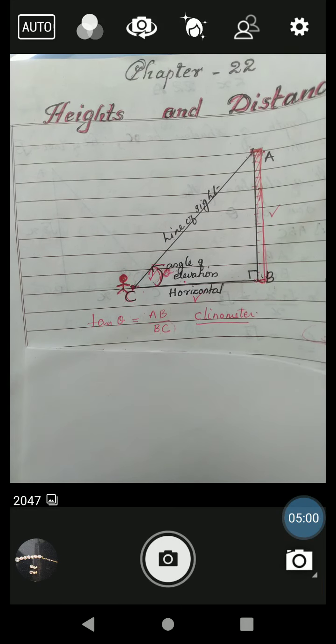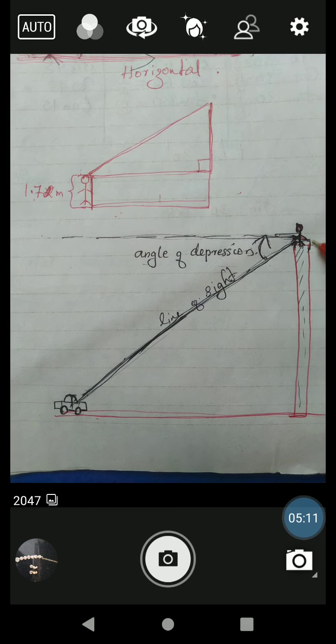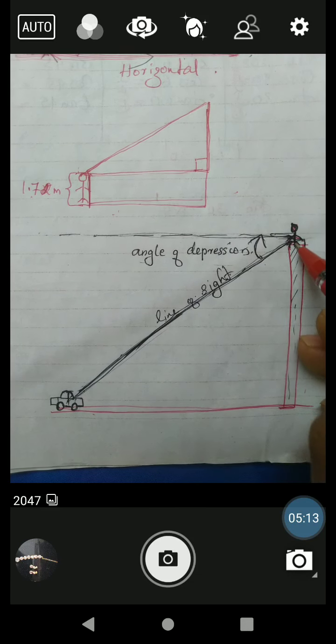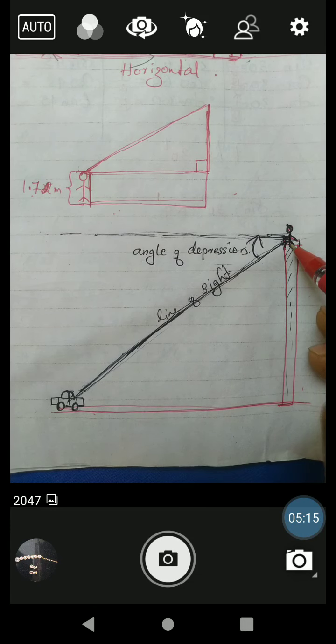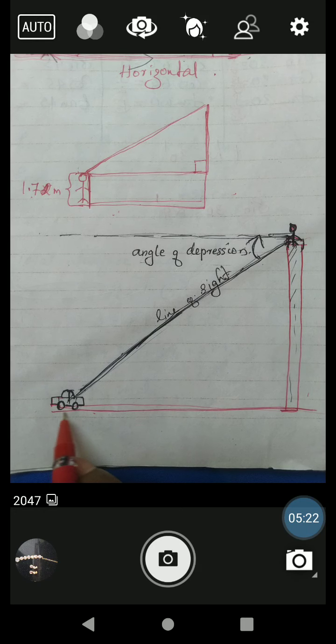Now I will explain another thing. Here you can see another figure. You can see one tower again, and a man is standing at the top of the tower, looking at a car coming towards this tower.